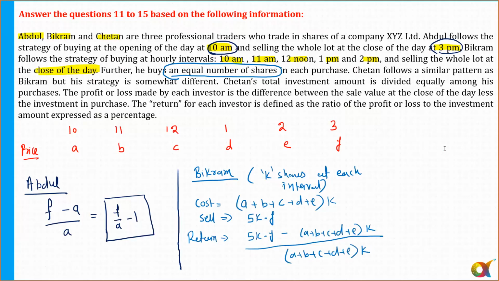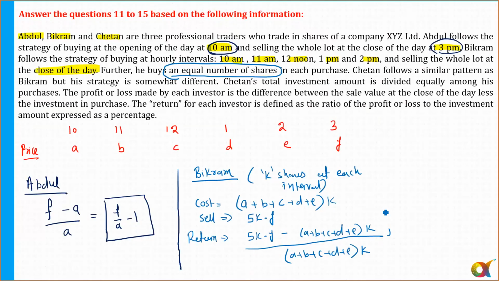Alright. So what is this value coming out to be? Just a minute. The return for Vikram will be equal to, K will get cancelled, 5F upon A plus B plus C plus D plus E, minus 1.